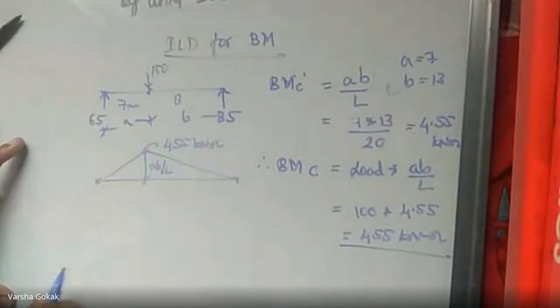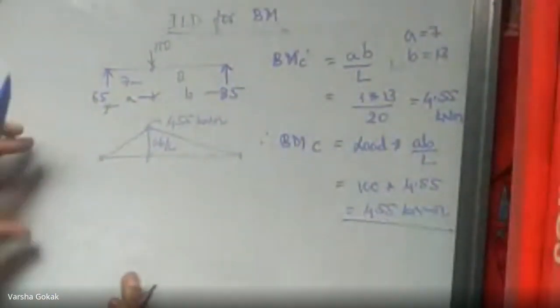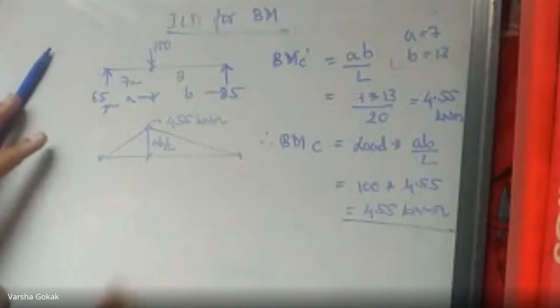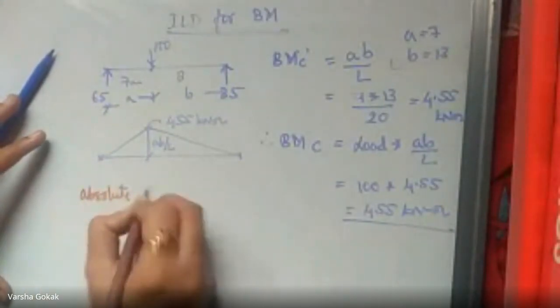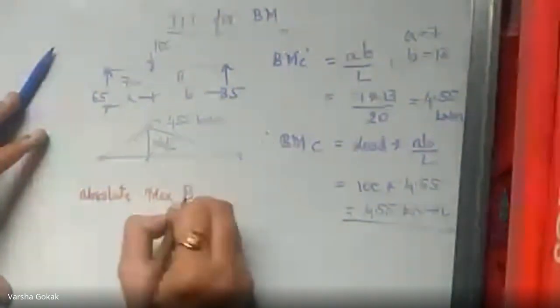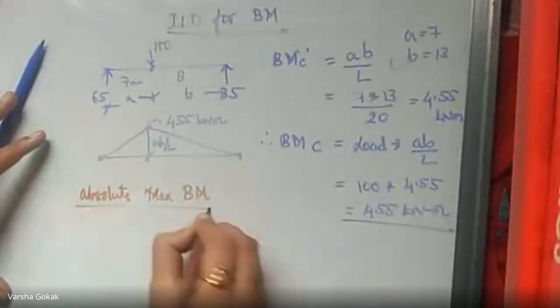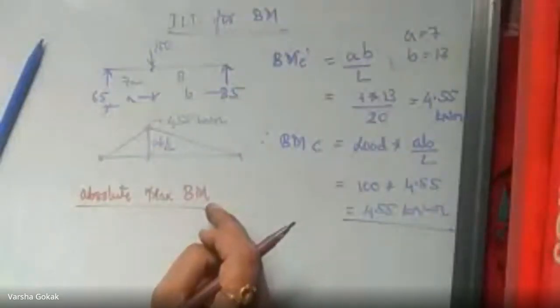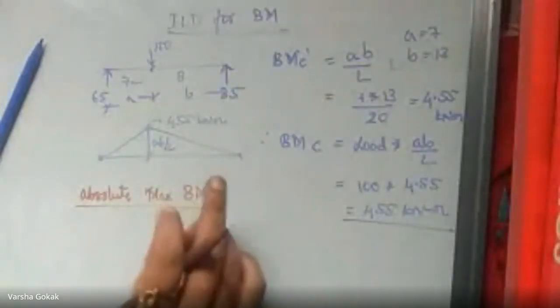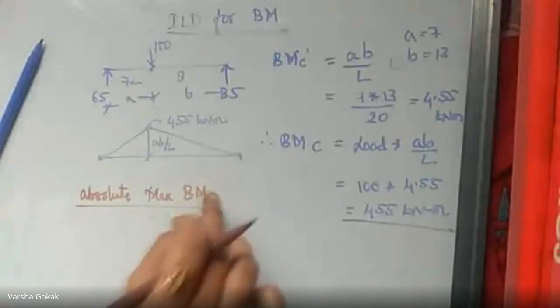Now, apart from this, they had also asked us for the absolute maximum bending moment value. So I'll write absolute maximum bending moment. When do you get the absolute maximum bending moment? I have to consider when the load is at the center.